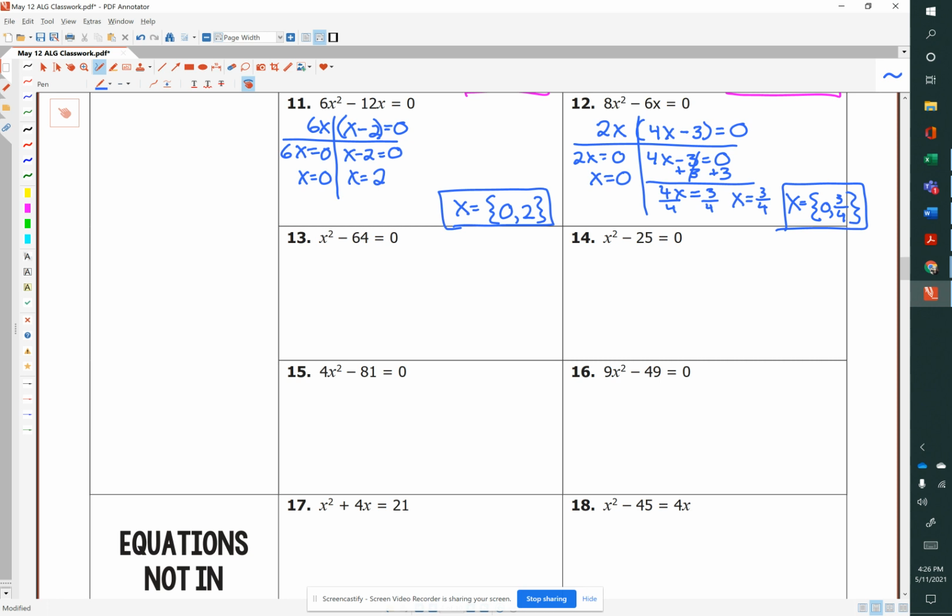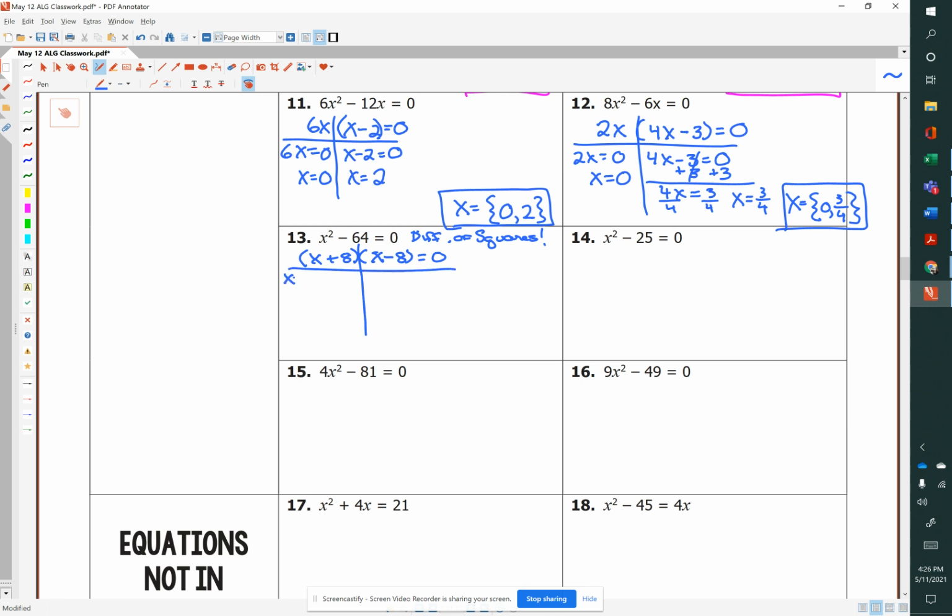Number 13, we have x squared minus 64 equals 0, and that is a difference of squares. So let's see if you remember, that's x plus 8 and x minus 8 equals 0.